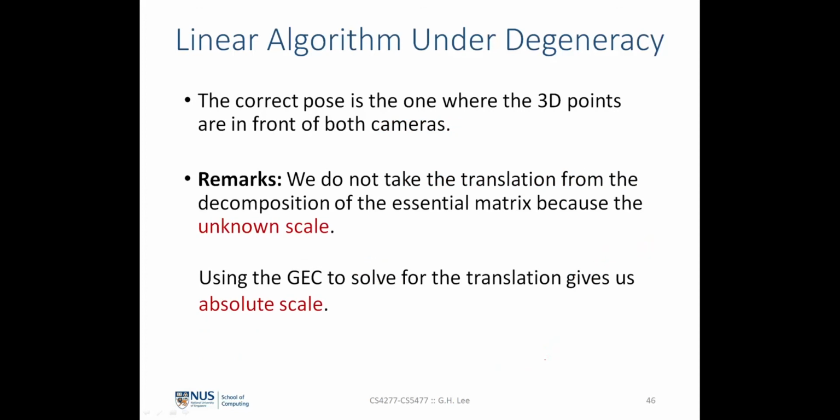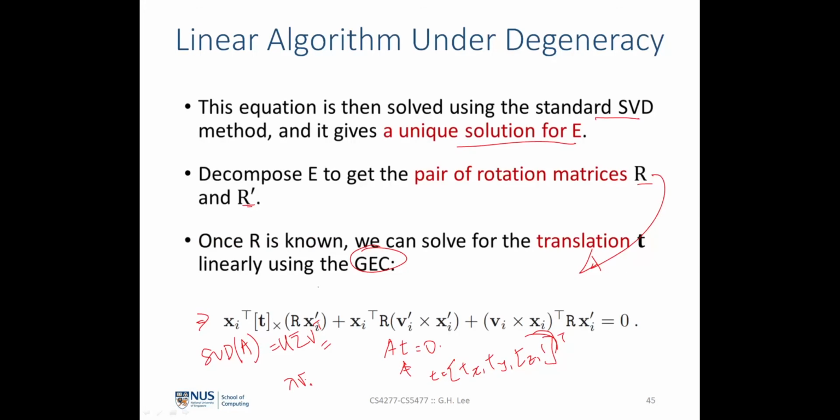Hence, we get a unique solution for both R and t, since t here is solved using this equation, where X and X prime are from the Plücker line light rays that are expressed in terms of the translation in the extrinsic values with absolute metric scale.